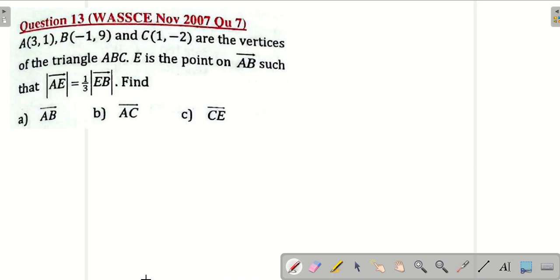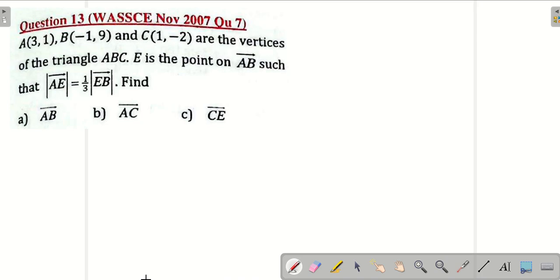Now let's move on to this question. 2007. A (3, 1), B (-1, 9), and C (1, -2) are the vertices of the triangle ABC.